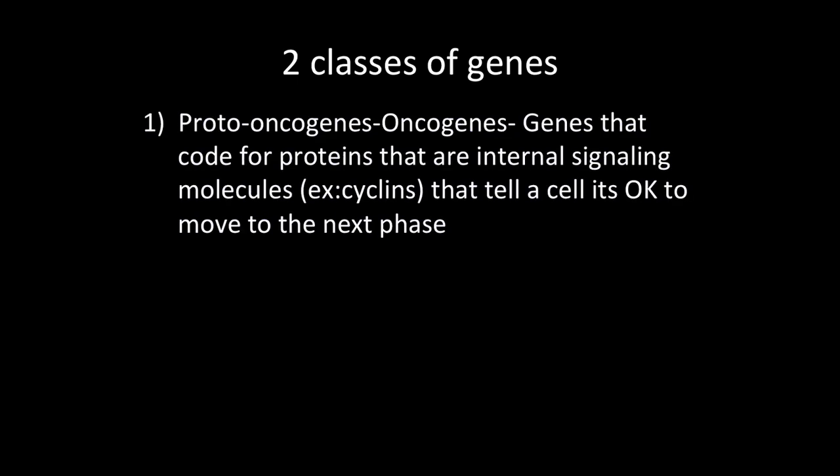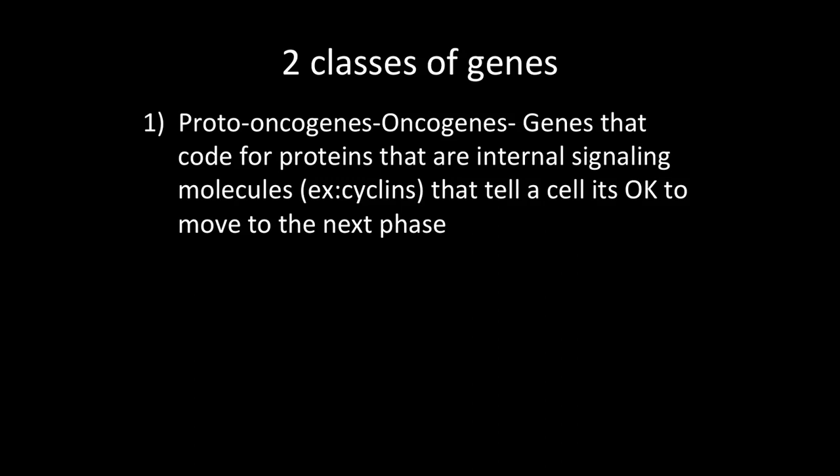So the two classes of genes that can affect whether a cell becomes cancerous or not. The first we talked about in the previous video, the proto-oncogenes. So the proto-oncogenes are genes that code for proteins that are signals that tell the cell to actually divide. They help the cell move through the cell cycle, telling the cell that when it gets to a checkpoint, everything's good, you can move on to the next step.